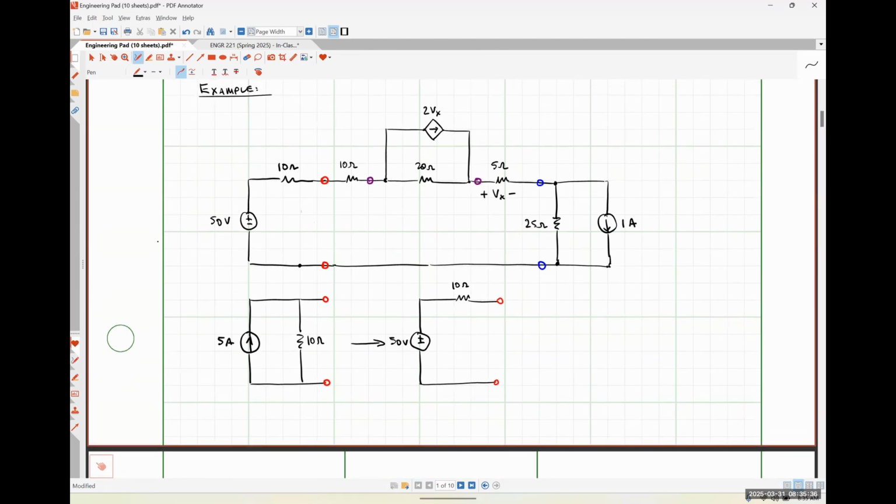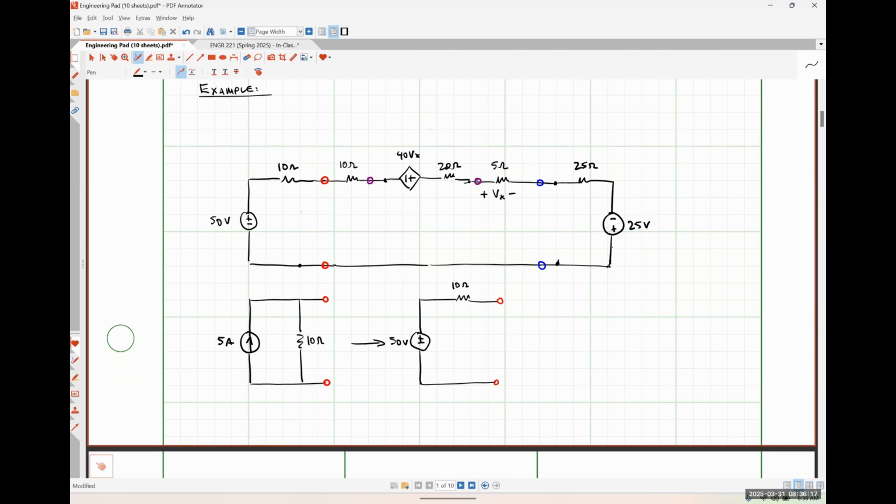My 20 ohm resistor in parallel with a 2Vx current source is now going to look like a 40Vx voltage source in series with a 20 ohm resistor. This one over here, I'm going to replace with my 25 ohm resistor in series with a 25 volt source directed down like so.